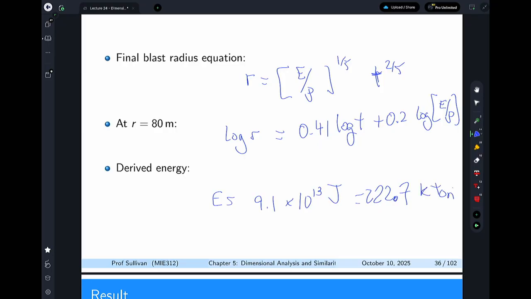Okay, so he assumes the constant is equal to 1. He has a ratio for the radii that is now dependent on time, which he has measured in the photograph, and rho, which he has basically because he knows it's being done in the atmosphere, and energy is the only thing left. Again, this was publicly available information.